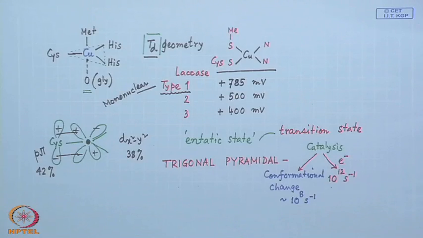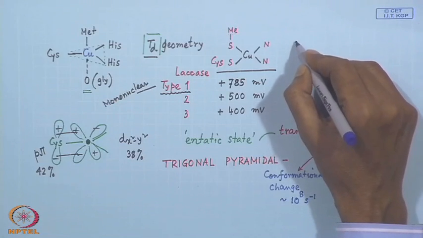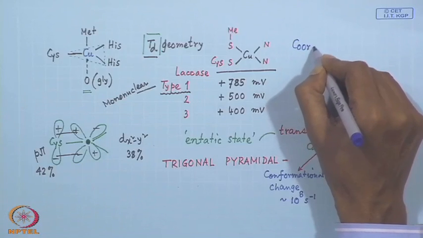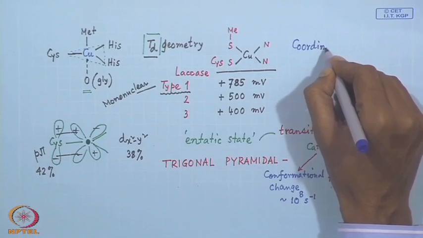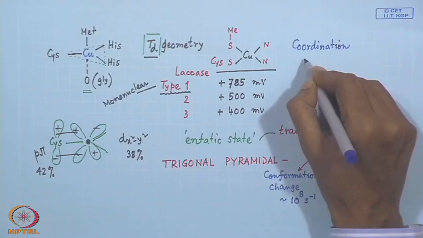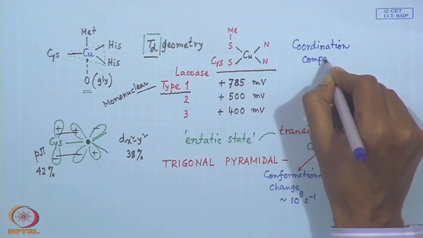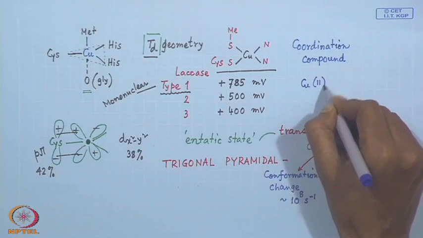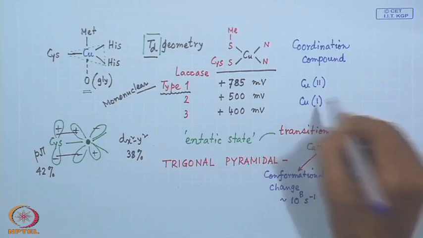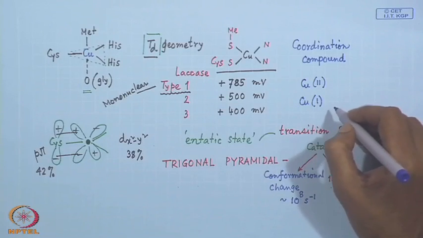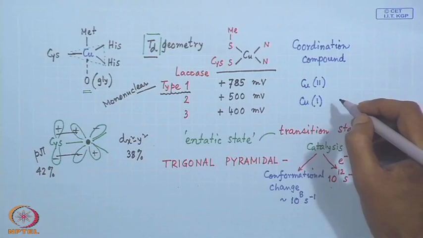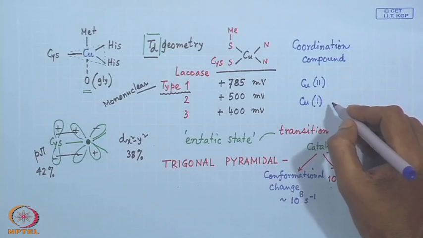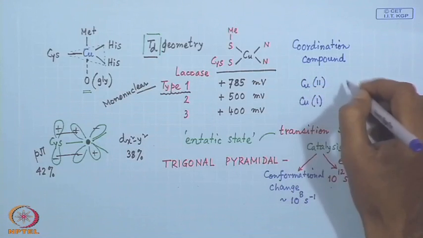So, what is happening is that during the electron transfer, one particular conformation is getting changed to another conformation. For a typical or standard coordination compound, what we know is that if you have a copper 2 compound or a copper 1 compound, copper 1 will be stabilized by low coordination number, and sulfur type donor groups can stabilize copper 1, but copper 2 is stabilized by some other different compound.